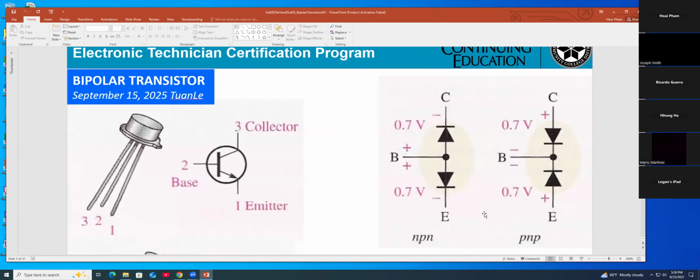In here, this is a symbol for the transistors working in the lab. They're telling you which one is base, collector, emitter. At the base, you get a diode going to the collector, and a diode going to the emitter. That is for NPN, and PNP will be opposite, just opposite.